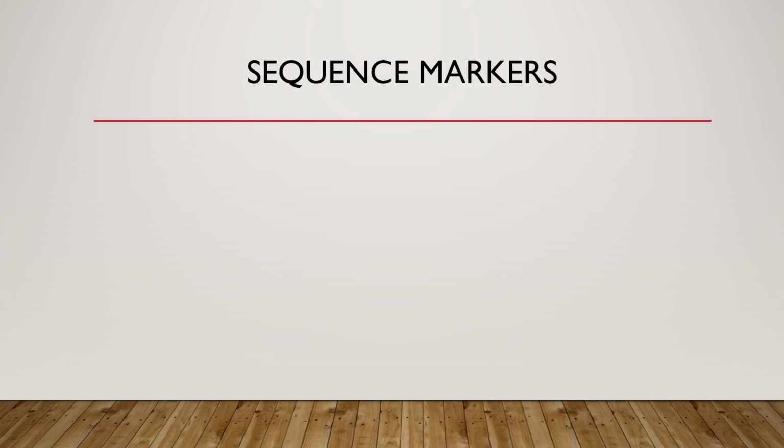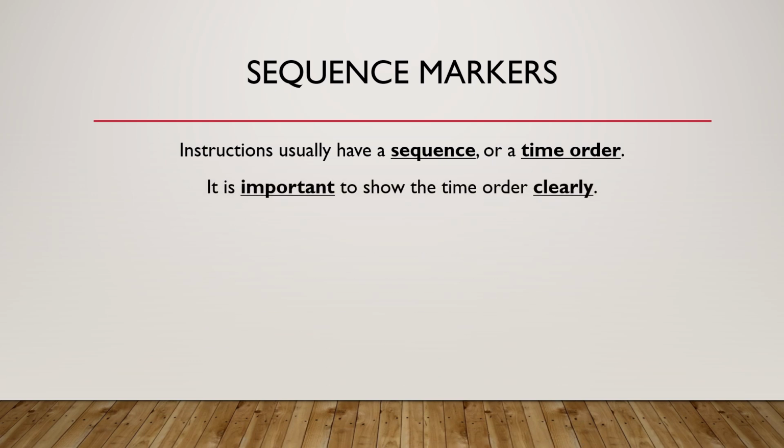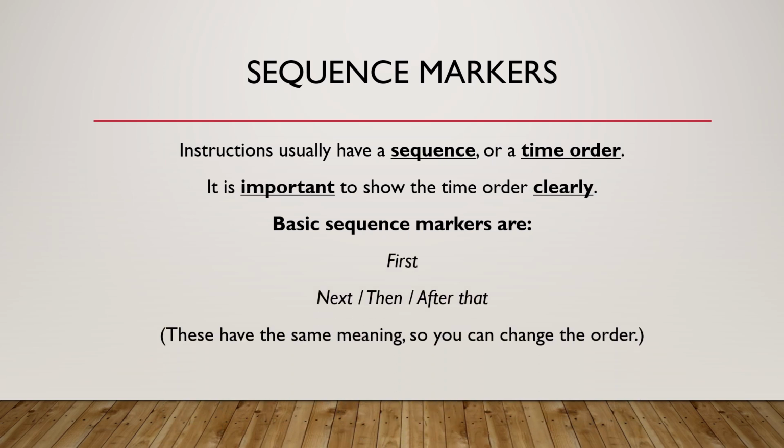Sequence markers. Instructions usually have a sequence or a time order. It is important to show the time order clearly. Basic sequence markers are first, next, then, after that. These have the same meaning, so you can change the order.